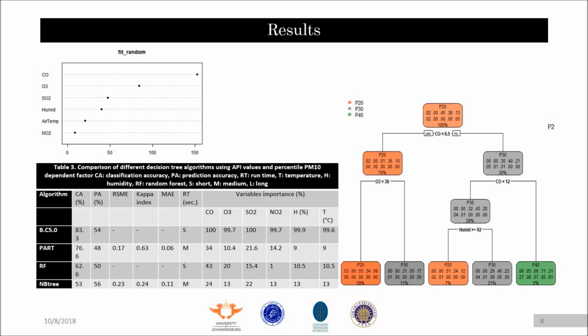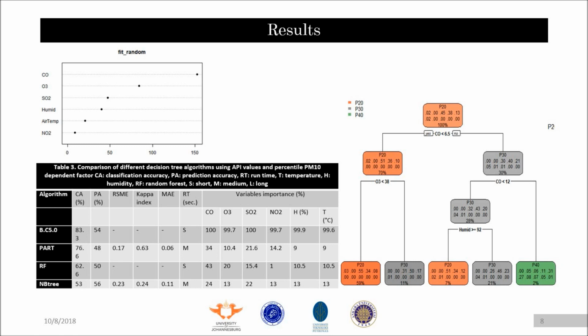So if you see here the P20, P30, this is the percentile of the API. So you can see here CO is working fine for the first classification order. That means the CO is the most common and most correlated, which is also mentioned here in the figure on the upper left side, that the CO contributes the highest.